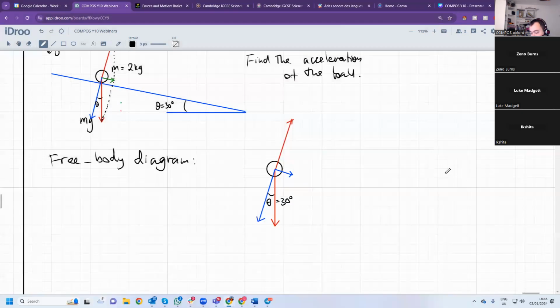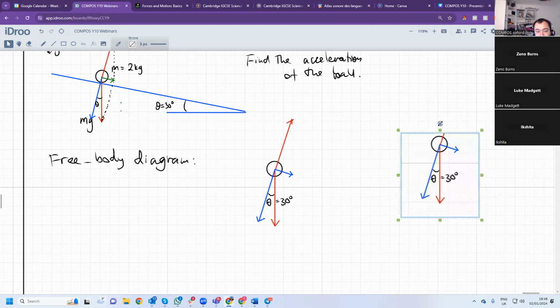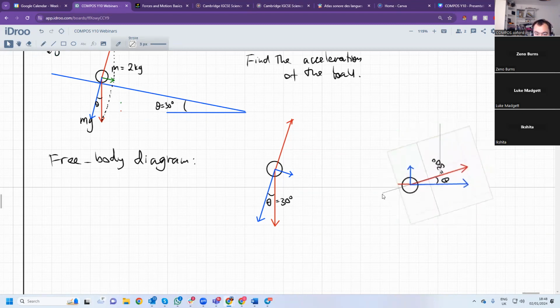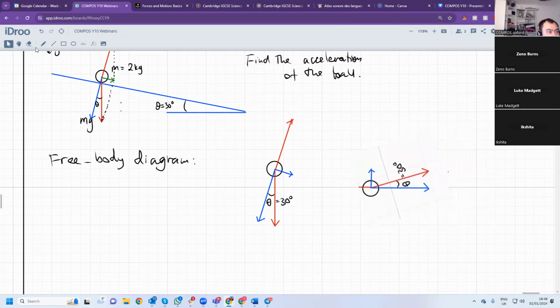Therefore, if we remember how to work with this, we can actually take a snapshot and just spin it around. It looks familiar, doesn't it? If this is theta and this is mg, what's the length of this blue line?